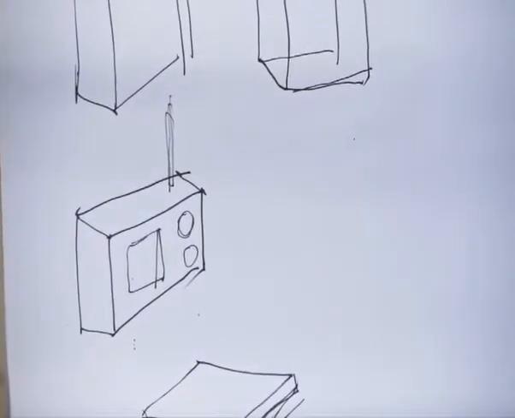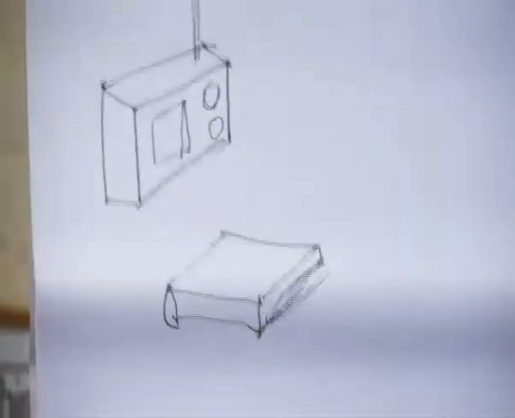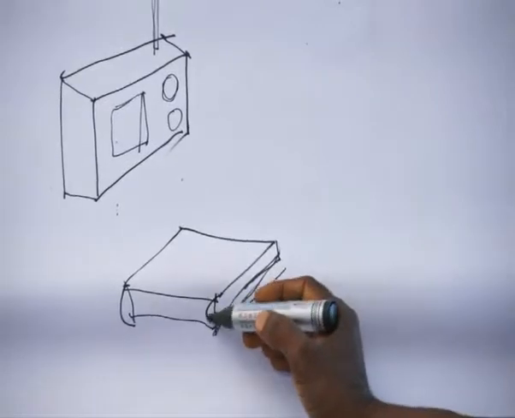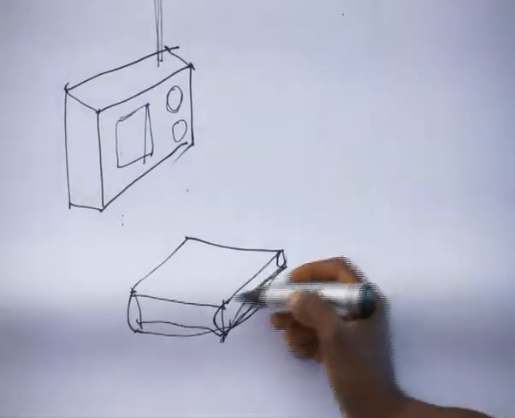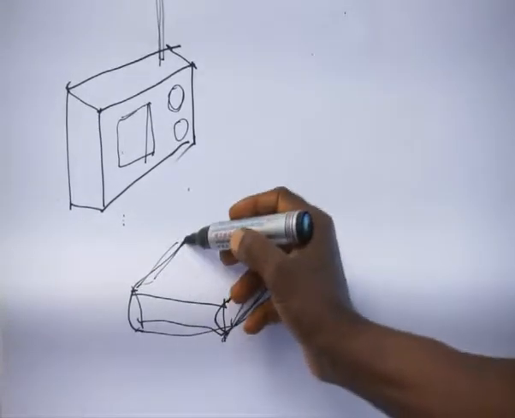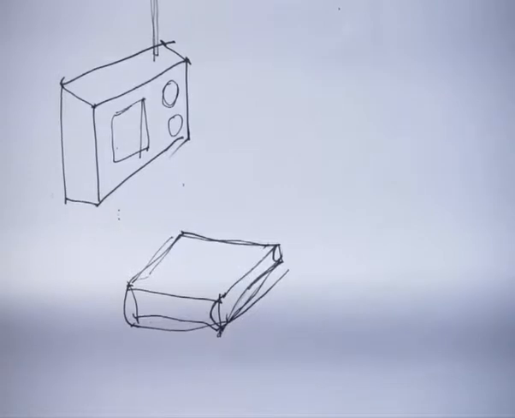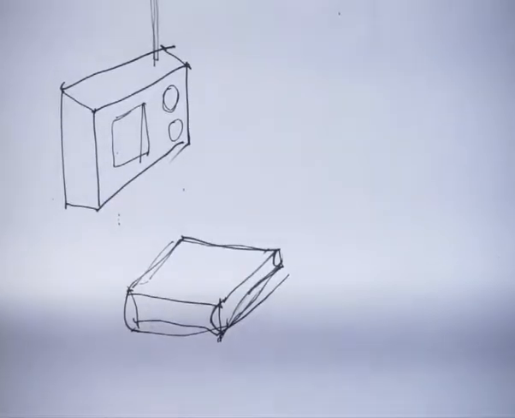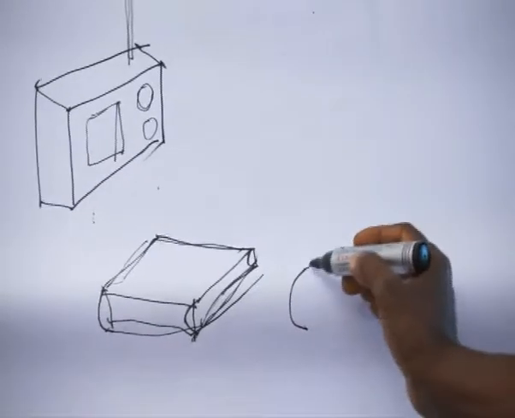And then this one too, if you just curve this area here, and then you curve this here, at least this one will tell you that this is a book. This is a book. The same shape can be done like this.